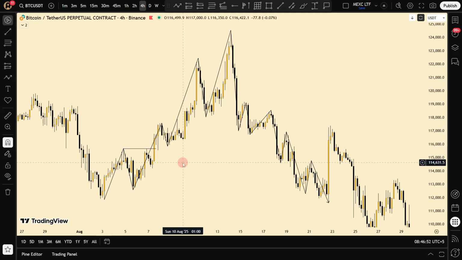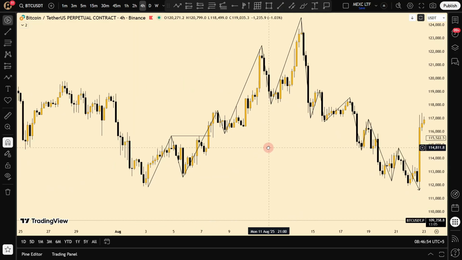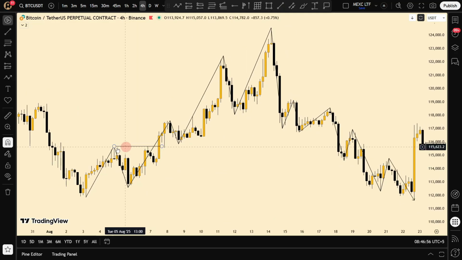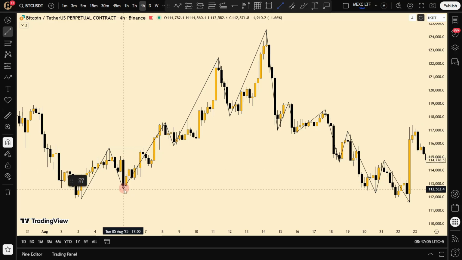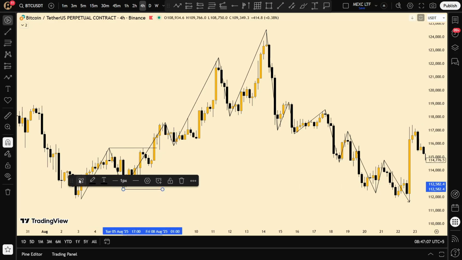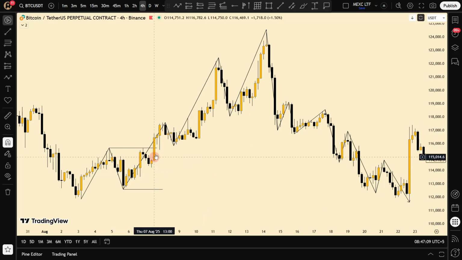This was a break of structure over here. A break of structure, because we closed a candle body above it. Then we retraced. Oh, so this would in that case be my swing low. Once we break above the previous high, this one becomes our protected low.